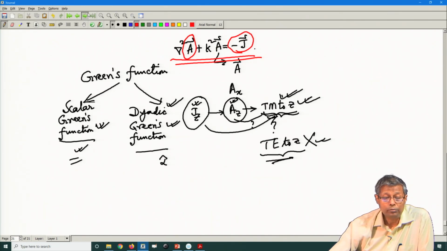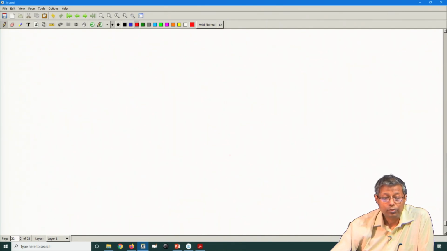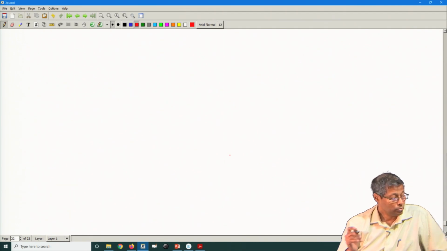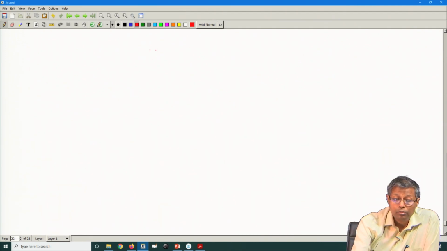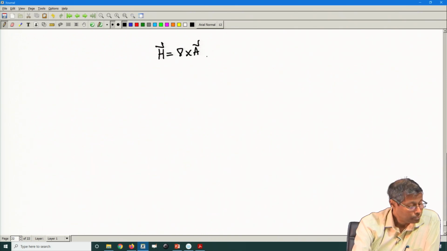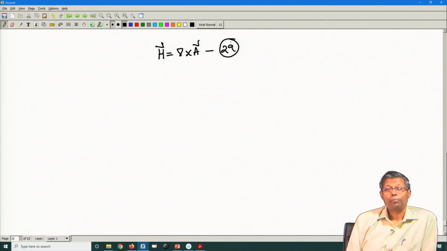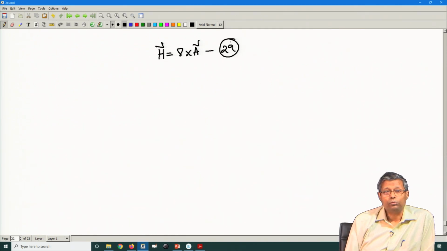So, for that we first of all note that H is already given by curl of A. So, the value of H is immediately calculated once the value of A is known.